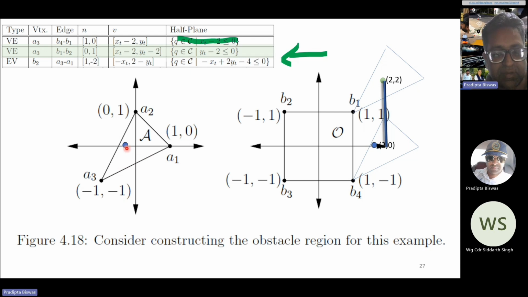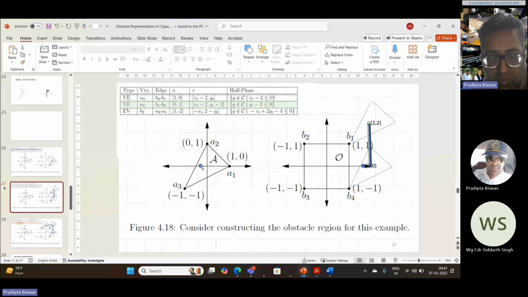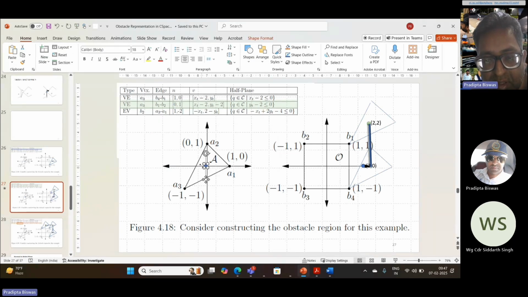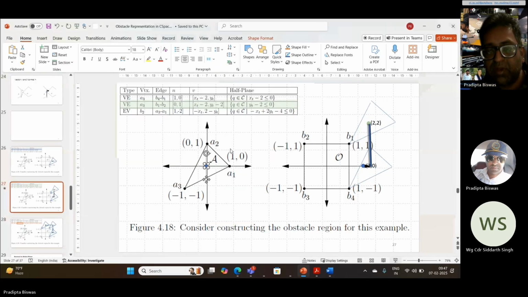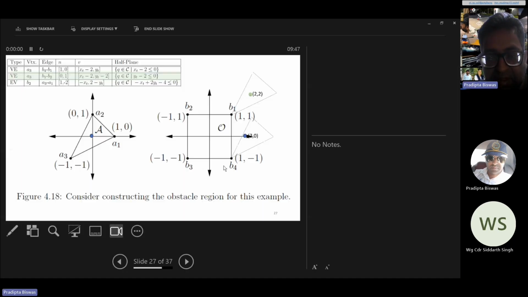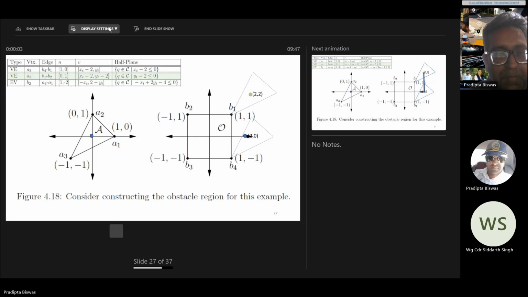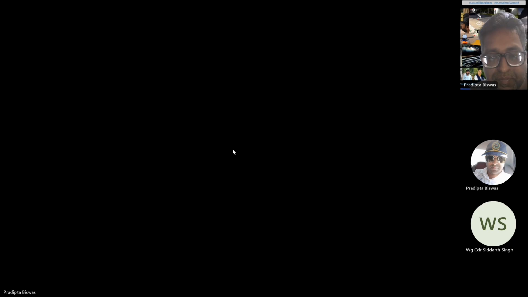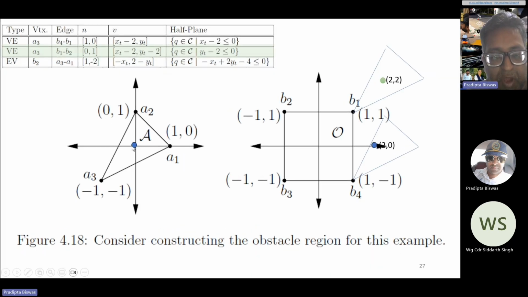I'll just move this point slightly this way. Okay, so point A will be at 2, 2 now.